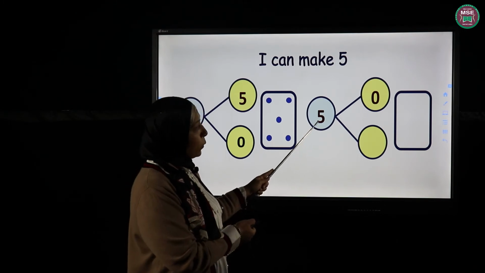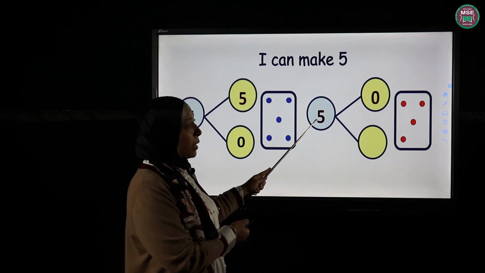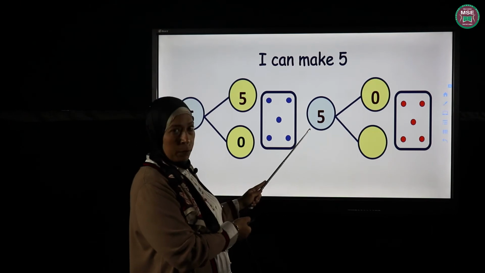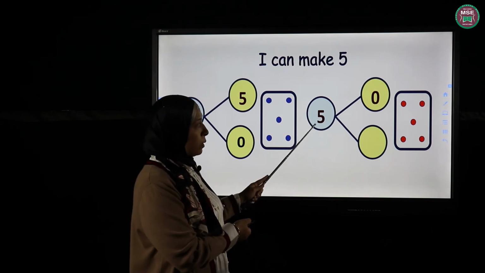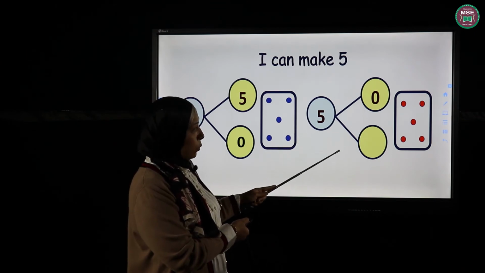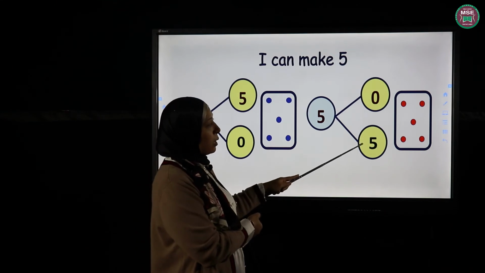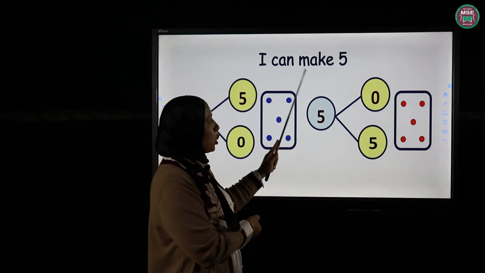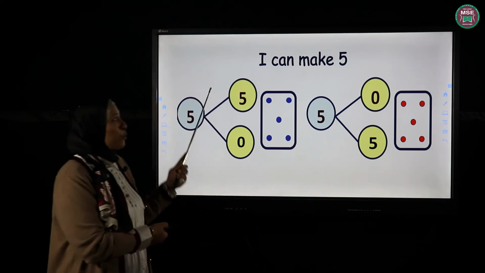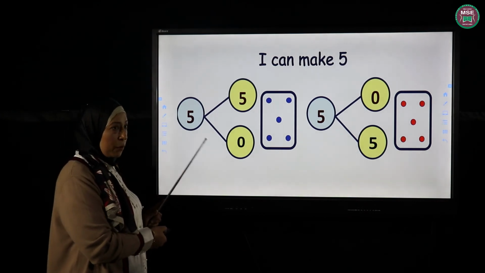Let's do it together. 1, 2, 3, 4, and 5. Can I make any more dots? No, I just need 5 because I have 5 in the whole one here. It's number 5. So how many dots did we draw? We draw 5 dots. We go to the second part and write 5. So 0 and 5 makes a whole 5, and also 5 and 0 makes a whole 5. Do you get it now? Okay.